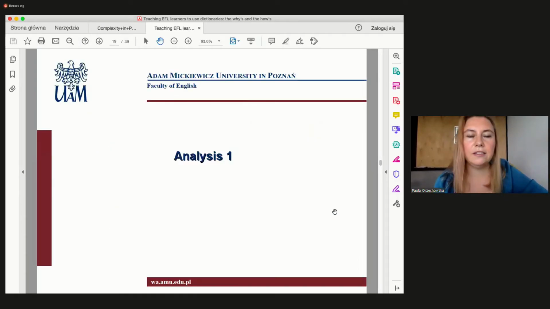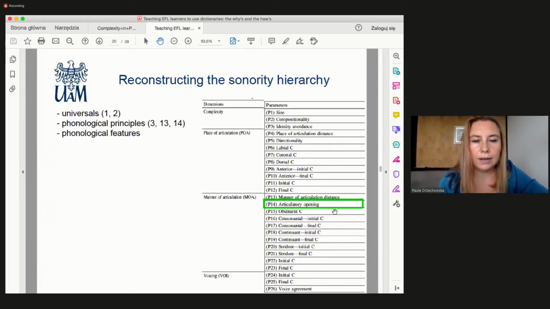And basically, the first step of the analysis was to determine what type of features or parameters or properties of clusters are important, in each of these languages. Okay, so as I said, instead of using sonority as a measure, I decomposed sonority into 26 constituents.